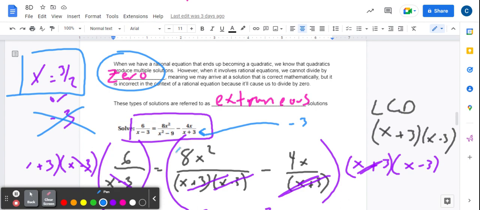Okay, so that negative 3 right there is what we would call an extraneous solution. Okay, it fits the math. The math problem gives us that as the answer, but it's not really an answer because it would make us divide by 0, which we can't do.